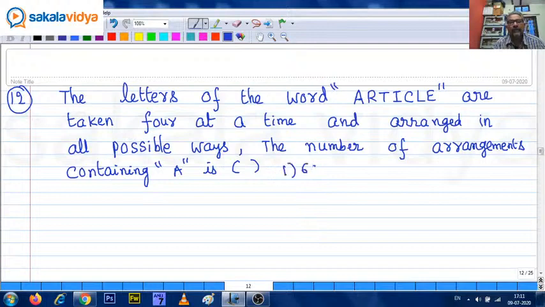First option 60, second option 120, third option 240, fourth option 480. Right.